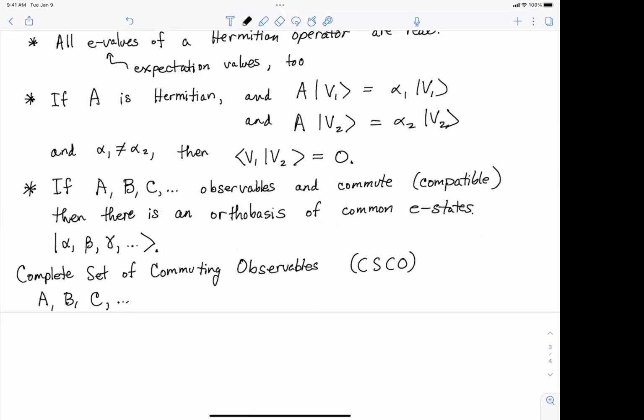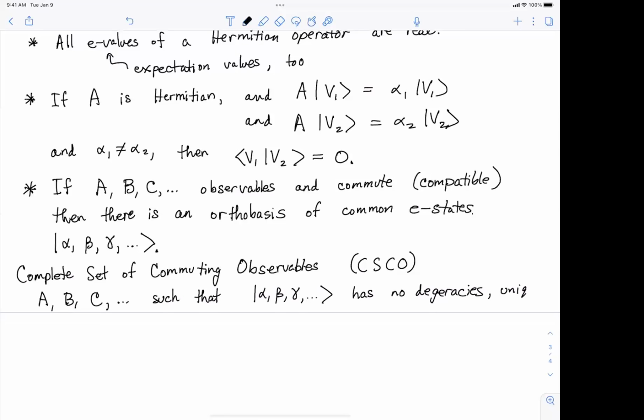It is a set of operators such that the states mentioned in this theorem, alpha, beta, gamma, don't need any other labels. So each one of those states has no degeneracies, and it's uniquely determined. In other words, if I tell you what all those eigenvalues alpha, beta, gamma are, then you know exactly which state I'm talking about.